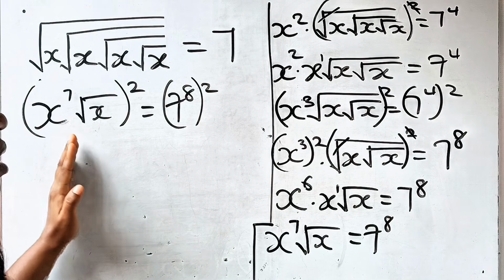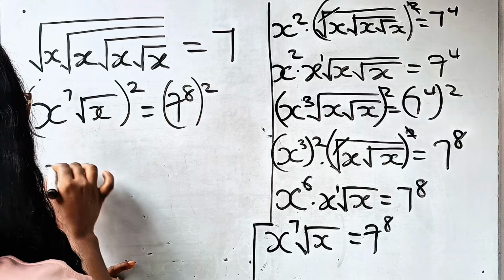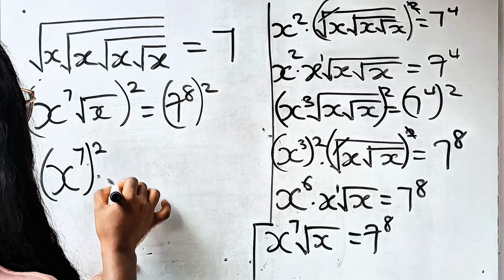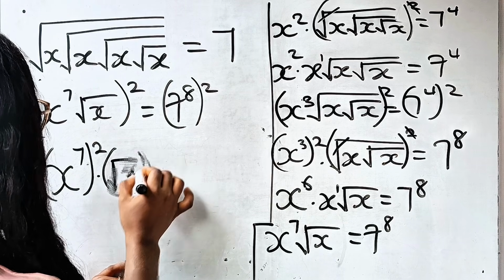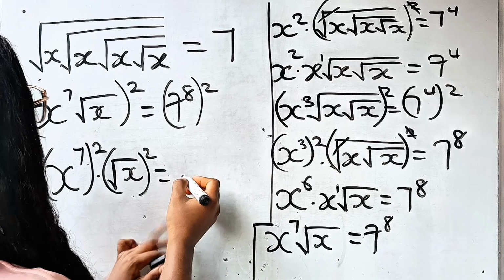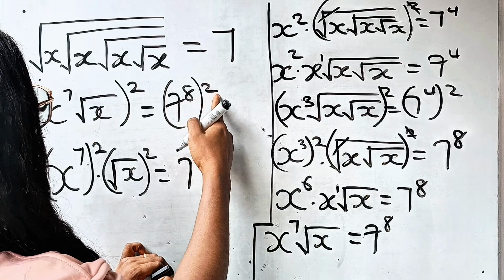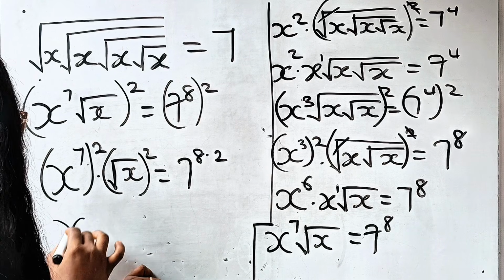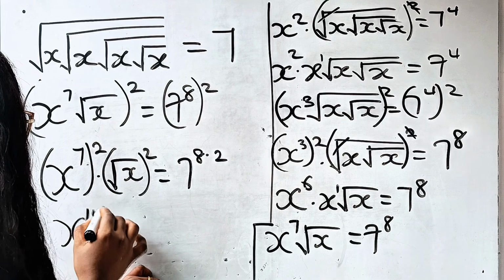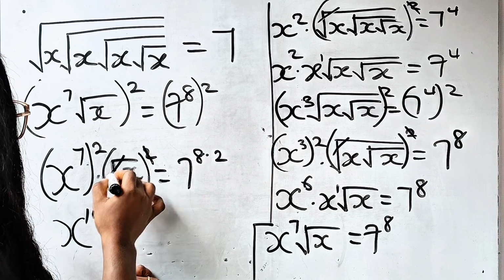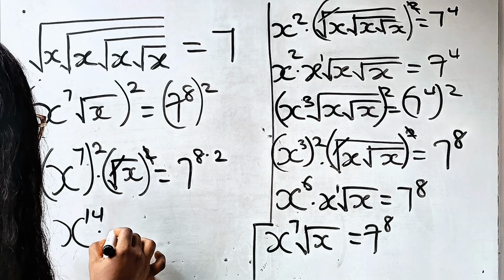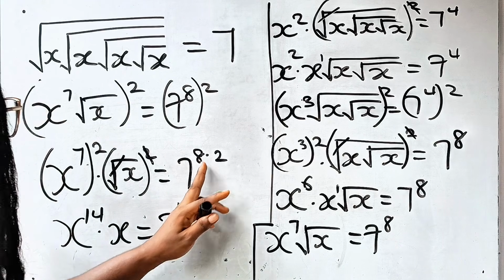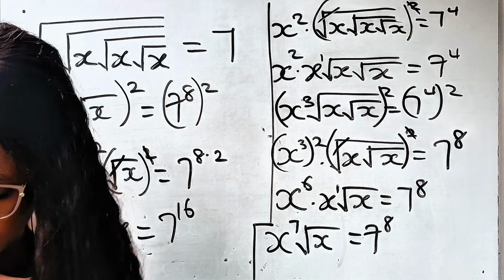So this can be written as x to the power of 7 squared multiplied by root x squared, is equal to 7 to the power of 8 multiplied by 2. So this will be x to the power of 7 times 2, which is 14. Then these two will cancel the root, so we are left with multiplied by x is equal to 7 to the power of 16. 8 multiplied by 2 is 16.